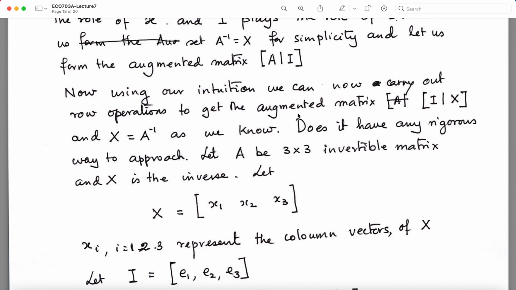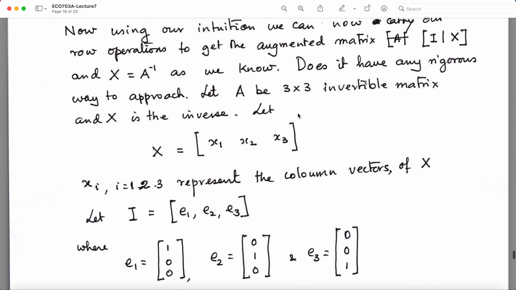So can we give it some rigor? That's the idea. So let's take a 3 by 3 invertible matrix, and X is the inverse, and let X have these columns, X1, X2, X3. And let I have these 3 columns, E1, E2, E3, where E1 is 1, 0, 0, E2 is 0, 1, 0, E3 is 0, 0, 1.